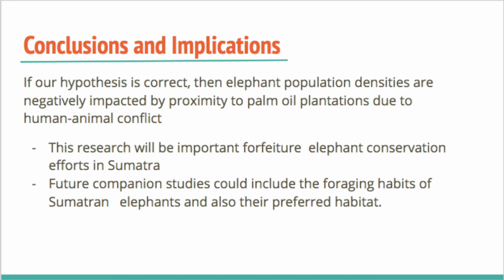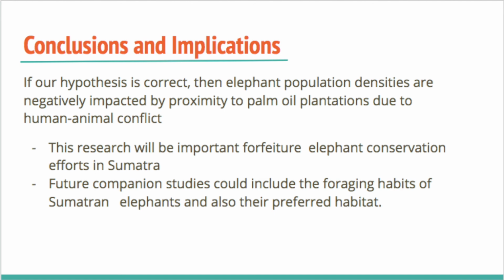If our hypothesis is correct, then elephant population densities are negatively impacted by proximity to palm oil plantations due to human-animal conflict. This means that this research will be important for future elephant conservation efforts in Sumatra because this data will allow researchers and conservationists to understand in what environments elephants thrive in Sumatra.